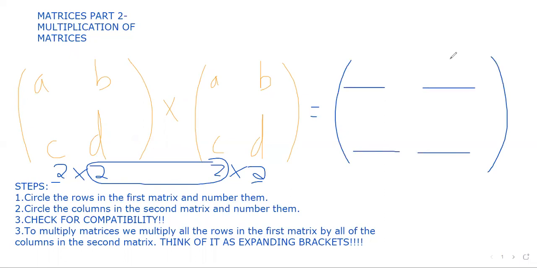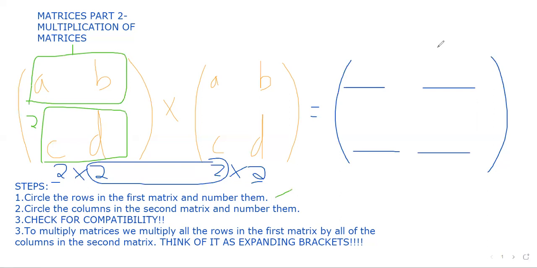The first step is to circle the rows in the first matrix and number them. So this will be our row here, and this will be our row here, and you just label them 1 and 2. Yeah, simple. So step 1, complete.